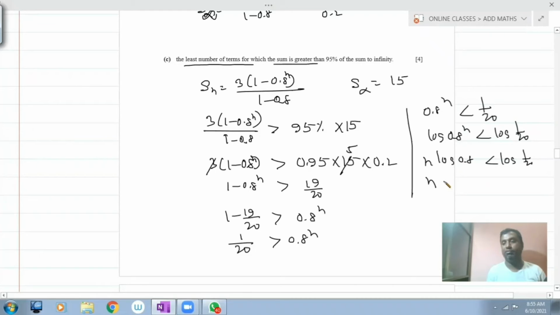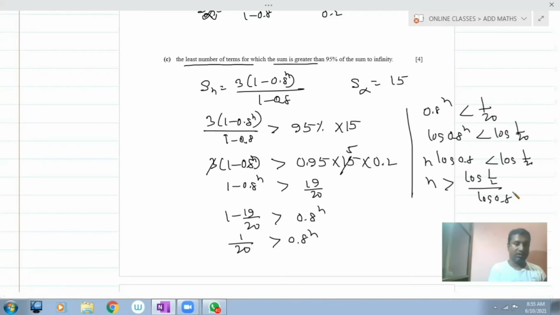So since this is negative, we will divide both sides by log 0.8 and the inequality sign will change. Now let us use this directly with the calculator, base 10.